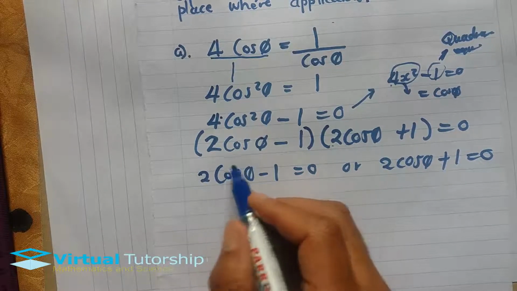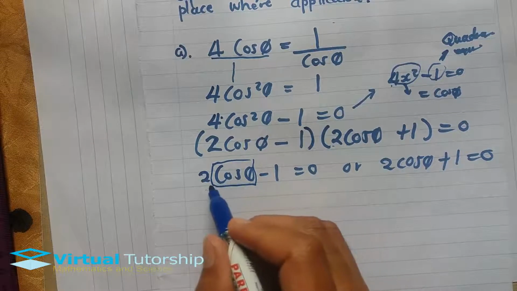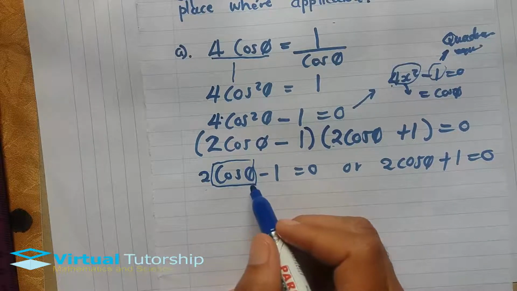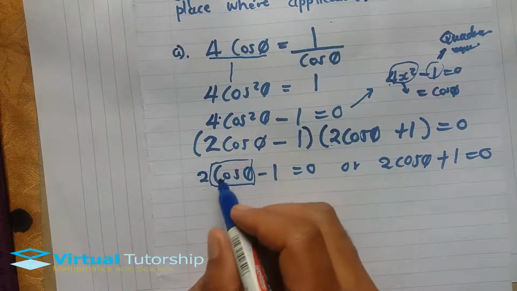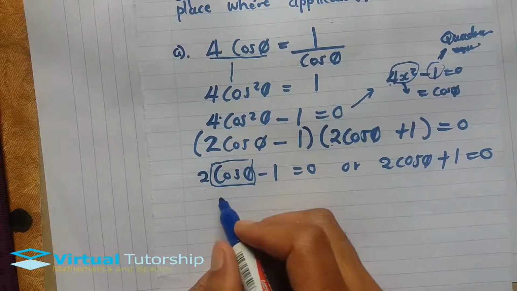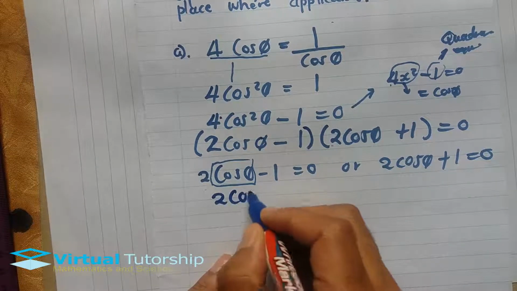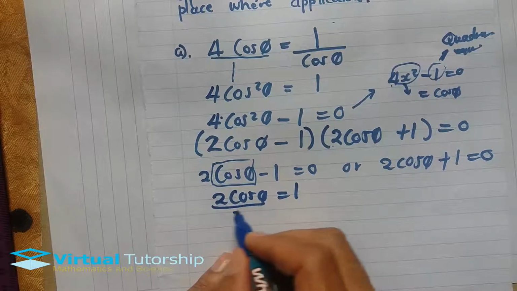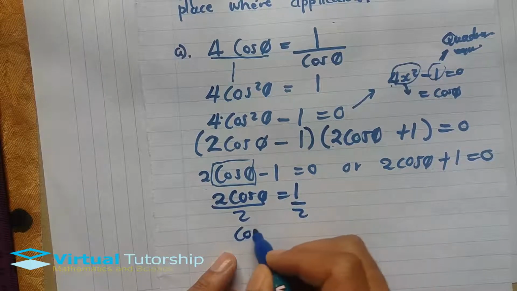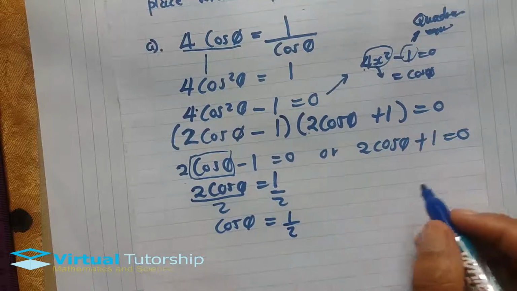Let's solve for cos theta, making cos theta the subject of the formula. We take the 1 to the other side, leaving 2 cos theta equals 1. Divide both sides by 2, and I get cos theta equal to a half.